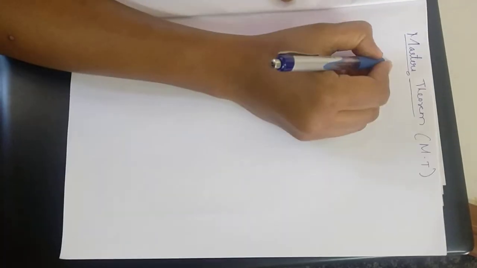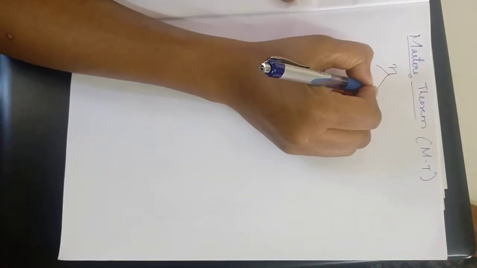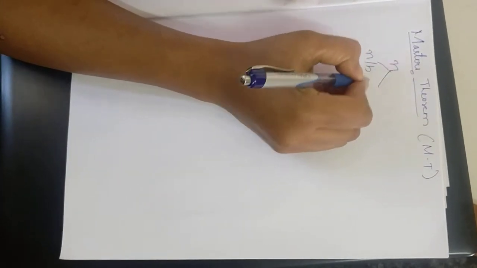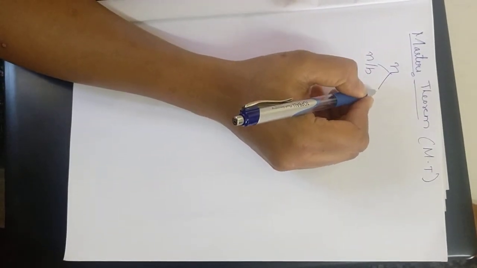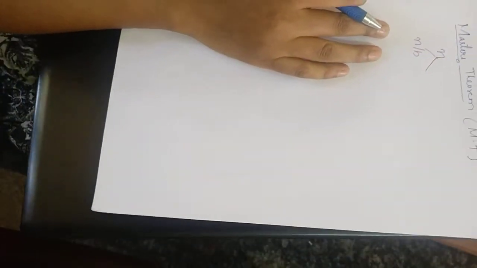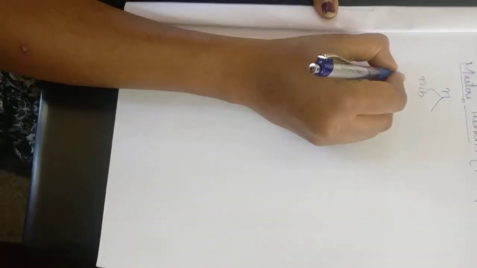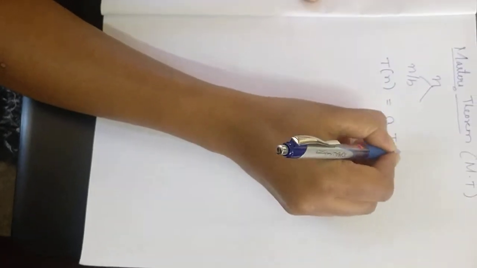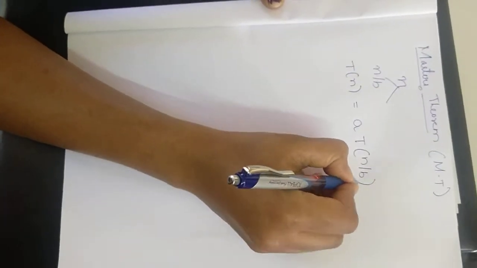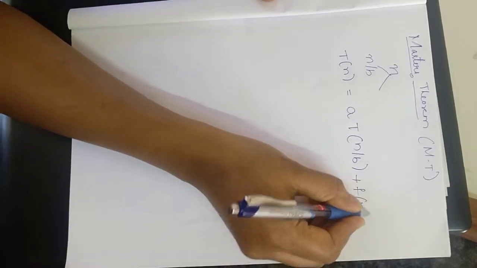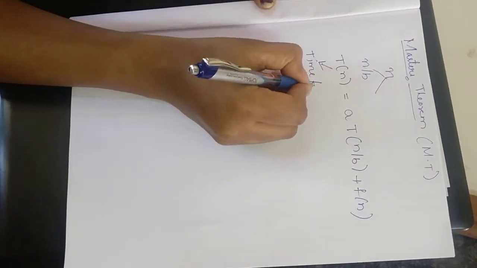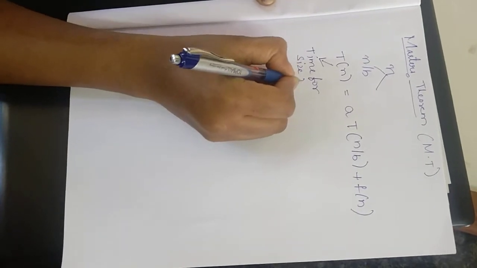An instance of size n can be divided into several instances, say of size n by b, and the time complexity can be obtained using the general divide and conquer recurrence relation. The recurrence relation is given by T of n is equal to a into T of n by b plus f of n. This T of n is the time for size n.